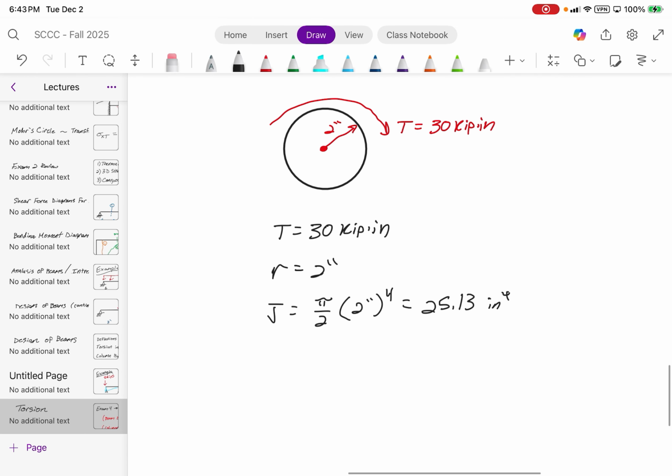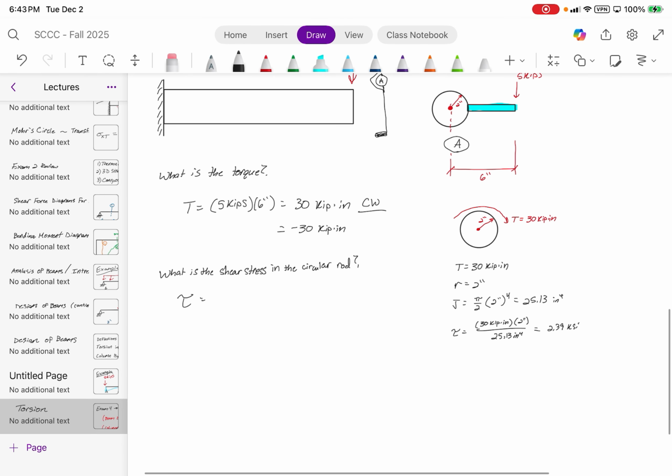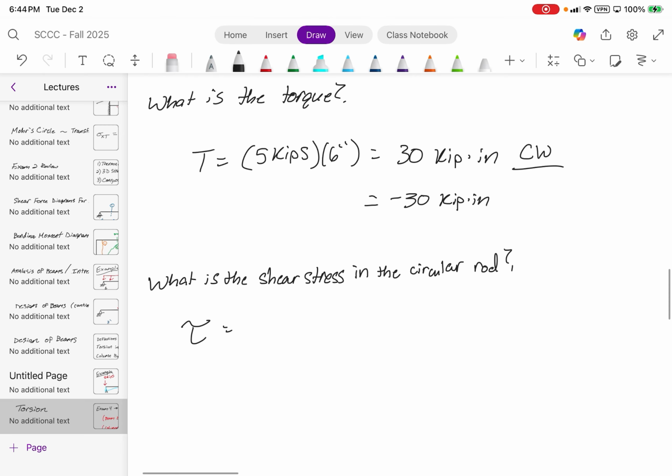All right, so the shear stress just gets plugged in: 30 kip inches times 2 inches divided by 25.13 inches to the 4th. Our units are consistent, so no conversions are necessary. And we get that the shear stress is 2.39 KSI. So that's what this is, 2.39 KSI.